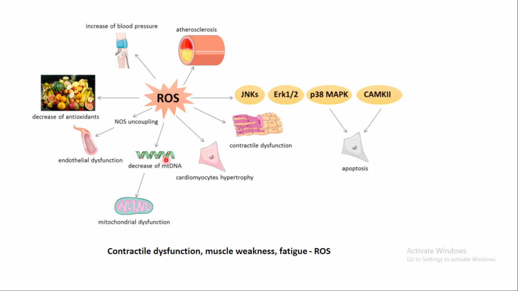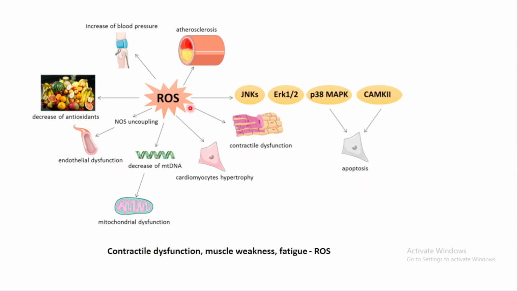Damage to mitochondrial DNA will lead to mitochondrial dysfunction. These ROS interact with mitochondrial DNA, cause mutations in them, and cause their degradation, which will lead to dysfunction of mitochondria and production of more ROS. There are also cardiomyocyte hypertrophy and contractile dysfunction.